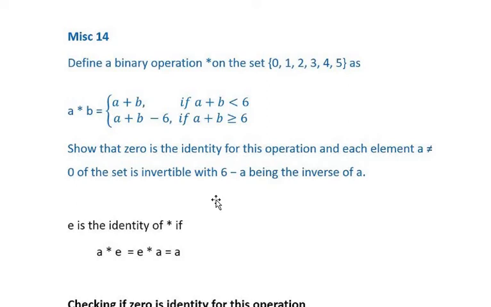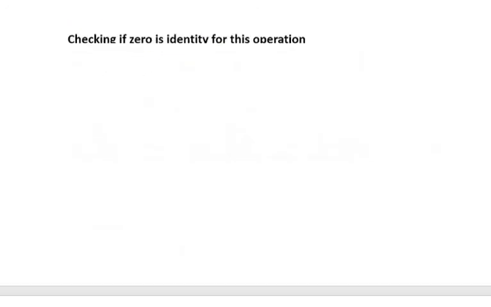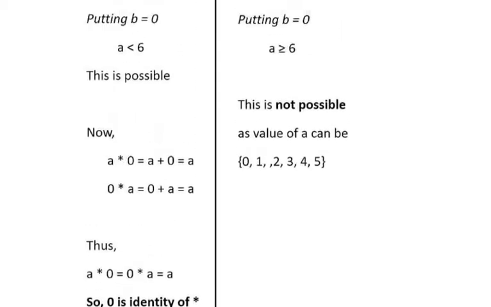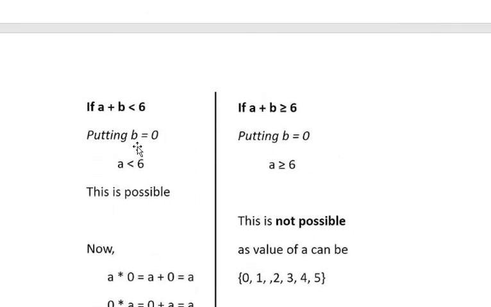So first of all, see the identity element. So E is the identity, this is our definition. Now they are saying that show that 0 is the identity element. So instead of E, we will directly start by 0. So here we will have something like this, that A, okay, if A plus B is less than 6, okay, wait a minute.